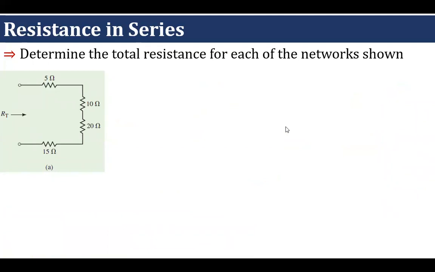Determine the total resistance for each of the networks shown. This is the first network which has been shown. We have to find the total resistance RT, and these resistances are connected in series. So this RT will be equal to, suppose this is R1, this is R2, this is R3, this is R4.